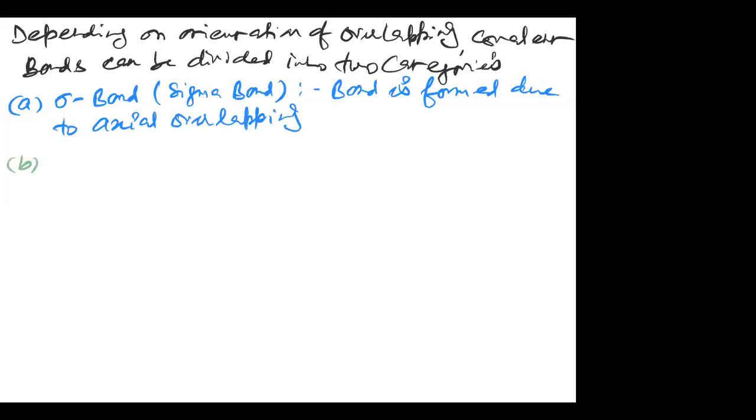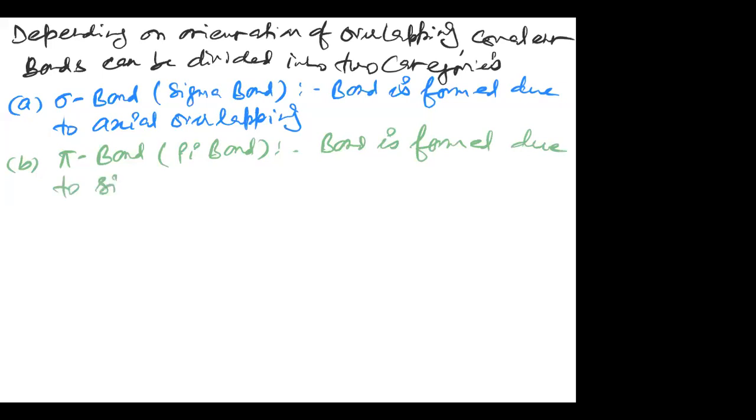And B is, let's say, pi bond. Here this bond is formed due to sideways overlapping.